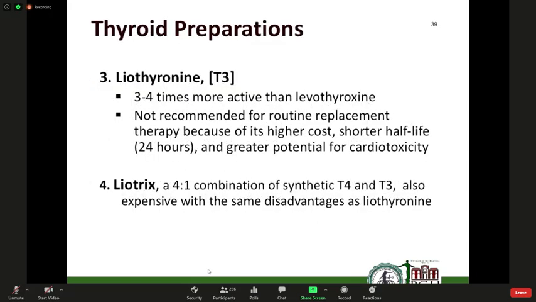T3 is an available preparation, and you would think that because T3 is the active hormone you would want to give it, but it's not recommended because it was leading to a lot of toxicity, especially cardiotoxicity. Again, you want T4 to be the predominant hormone in your blood circulation, and for it to be converted to T3 within the cells themselves.